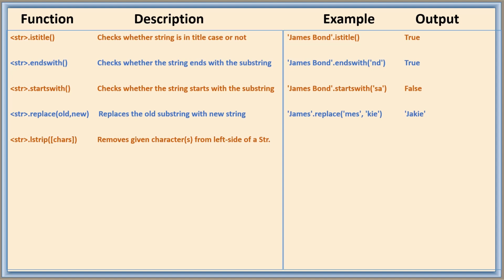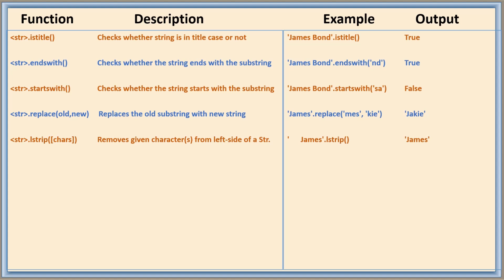It will remove the given character or substring from the left side of a string. When I don't give the character, it will remove the white space. Character is optional. When I demonstrate, I will show that with the character. Now I have given a space, for example. So the white space before James is removed, because it is lstrip.